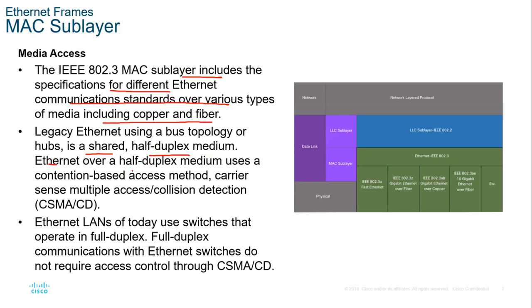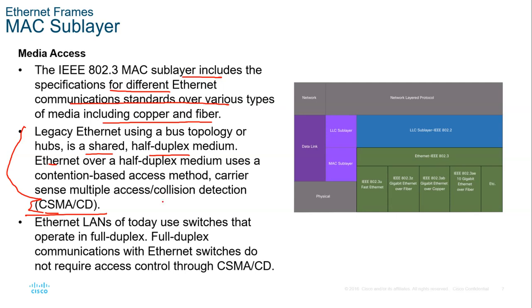Ethernet over half duplex media uses a contention-based access method, carrier sense multiple access with collision detection. So if you are using legacy, then carrier sense multiple access collision detection is used to detect and decide what to do in case multiple communications are detected.